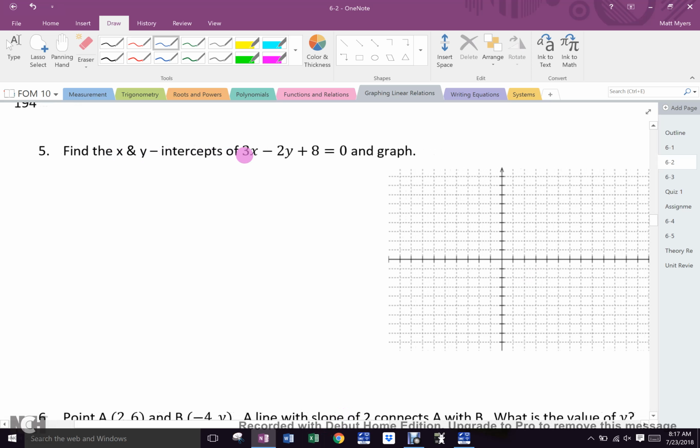Find the x and y intercepts of this line and then put it on the graph. All right? What is every single x-intercept? X, 0. What is every single y-intercept? 0, y. That x goes where?